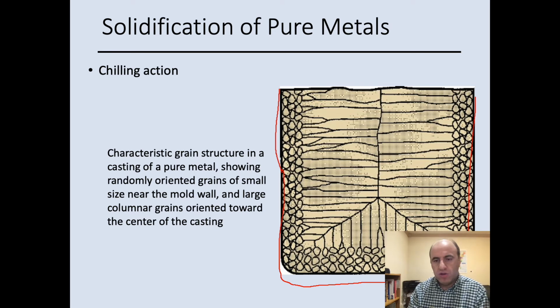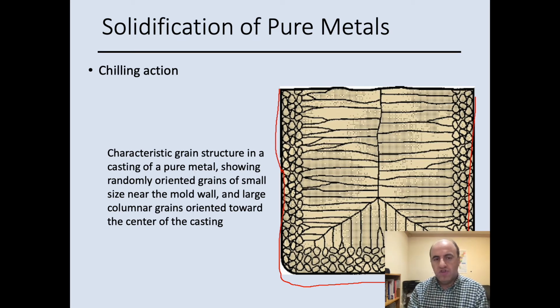The chilling action makes small grains near the wall, because we have very rapid cooling around the wall.